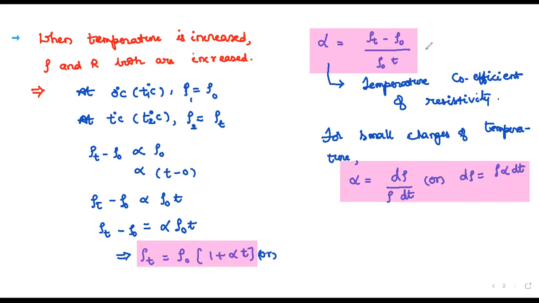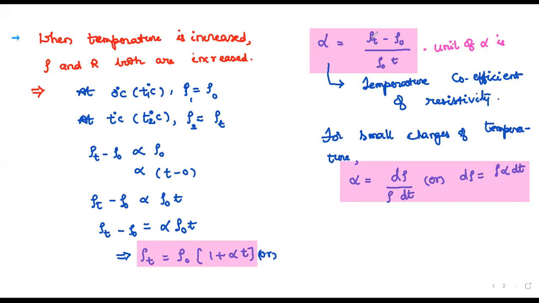And here, if they ask what is the unit of alpha, predict what the unit of alpha might be. Rho is in the numerator, and in the denominator also rho.